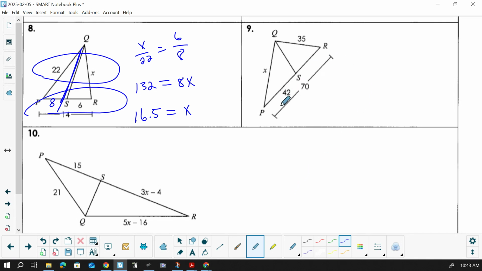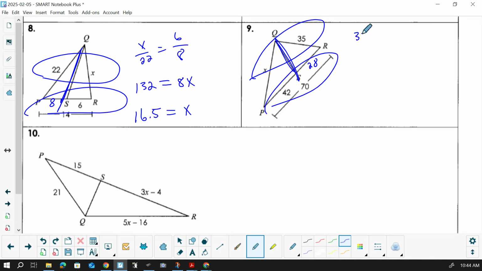Next one here. Same as the last one there. We got part of it. 42 over here, 70 over there. 70 minus that 42 is, what is that, 28, I think? Or, yeah, 28. All right, so there's our line, one fraction, the other fraction.